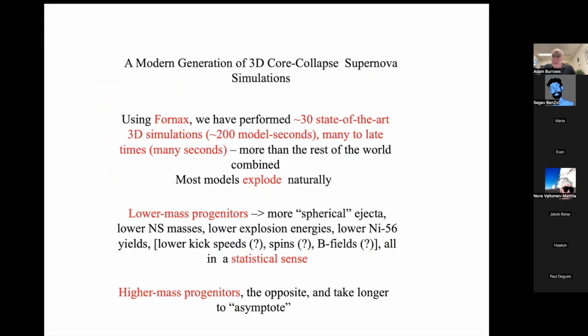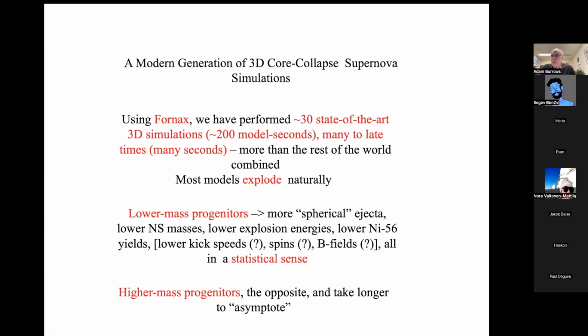The tool that we put together, and we put it together from scratch a number of years ago, is called Fornax. We've done about 40 state-of-the-art 3D simulations, carrying many of these models to late times, sometimes 10 times longer than most other researchers. We have about 250 model seconds actually calculated, which is more than the rest of the world combined.